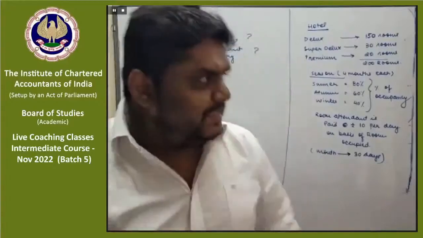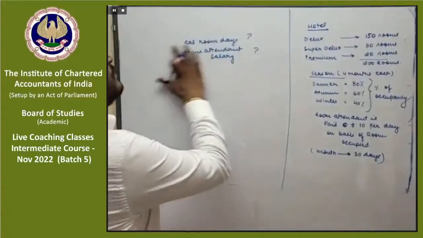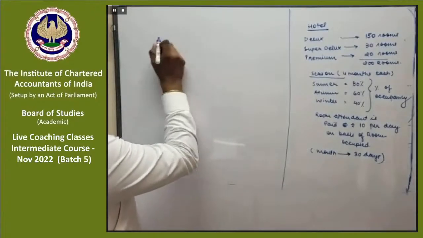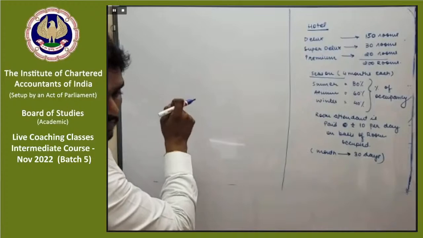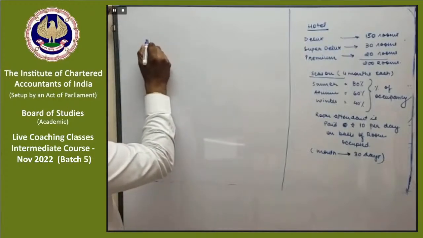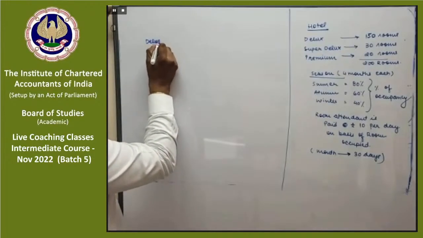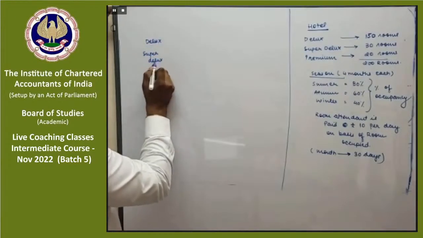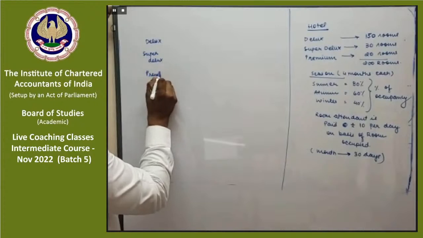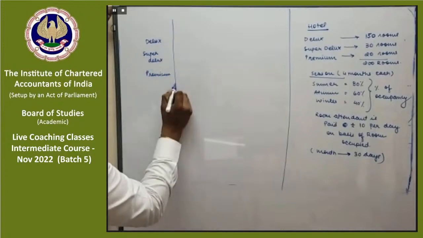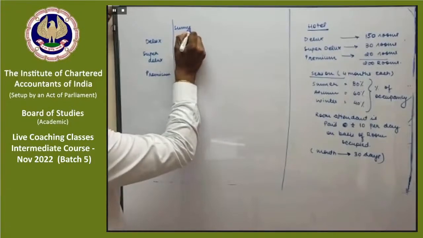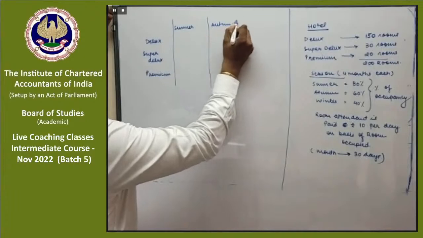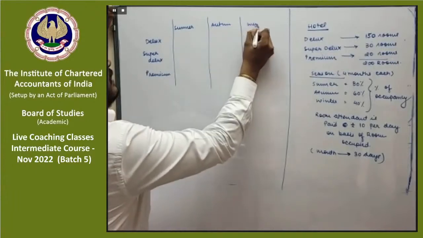So just writing the solution for your reference. Deluxe, Super Deluxe and Premium. Summer, Autumn and Winter.